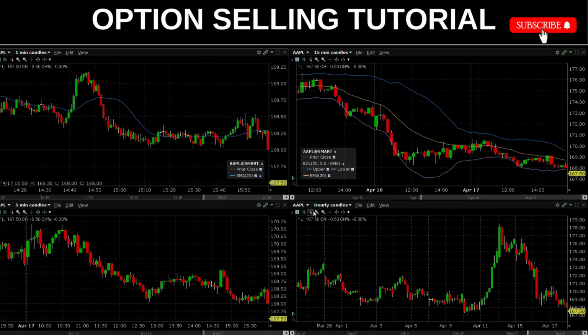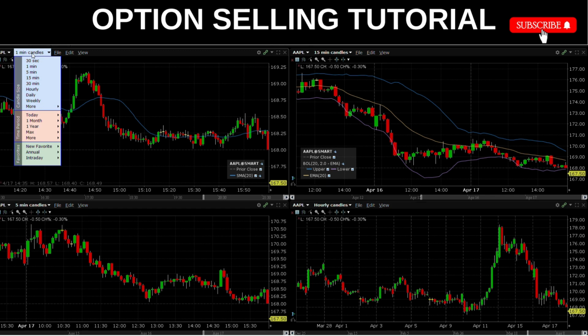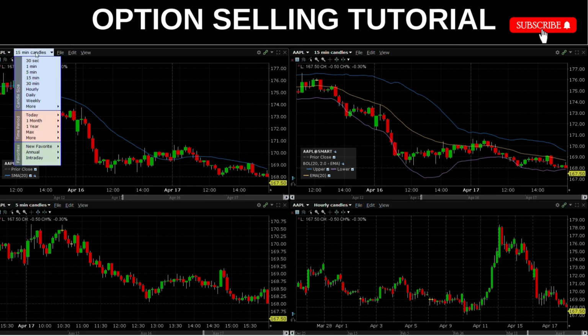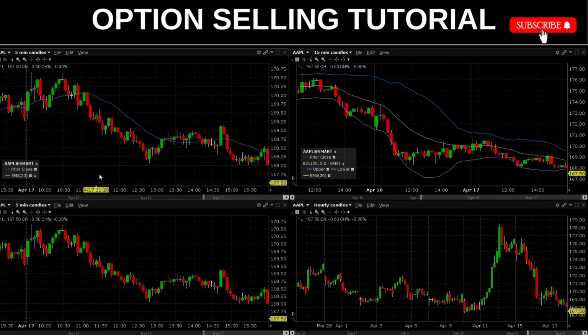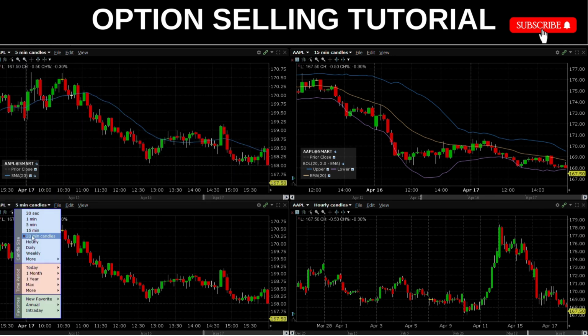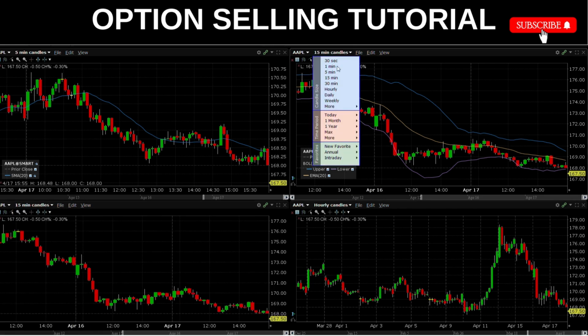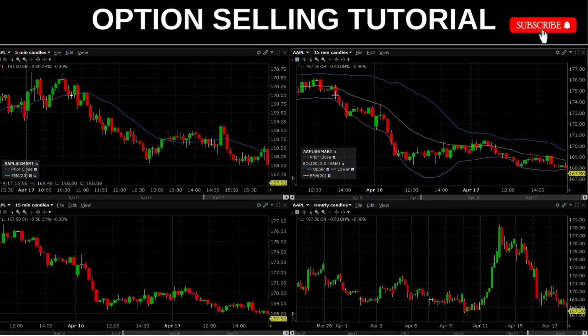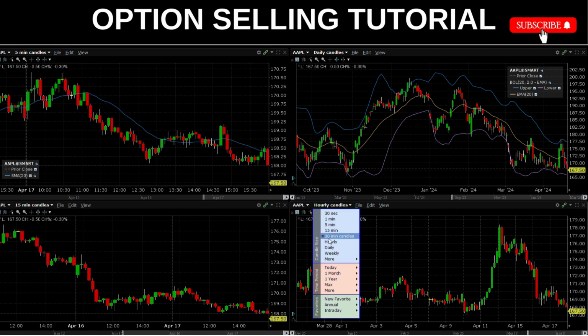What I do is I look at the dynamics of the price action. I look at the price action for 5 minutes and 15 minutes, which gives us an idea of the short term, and here we get an idea of daily and weekly.